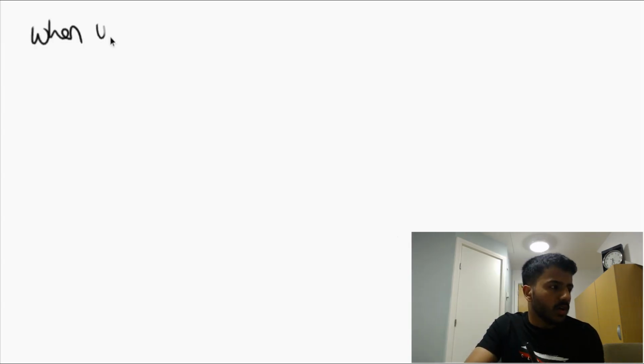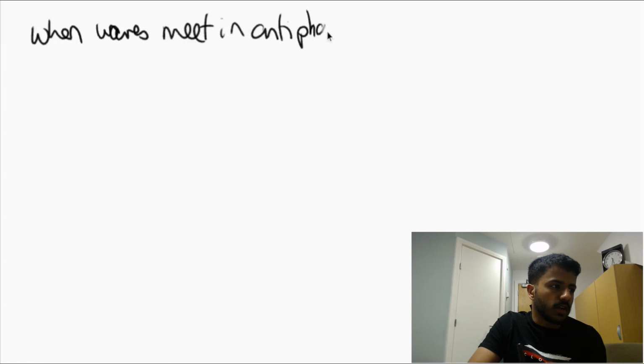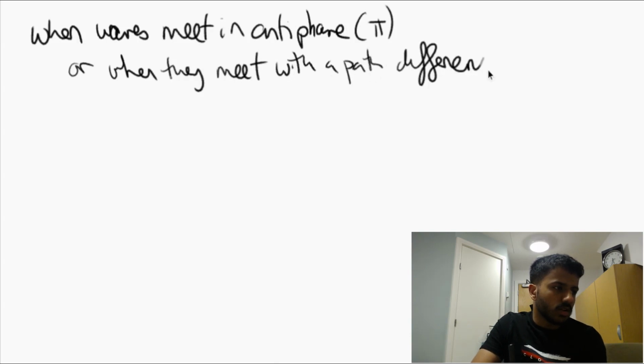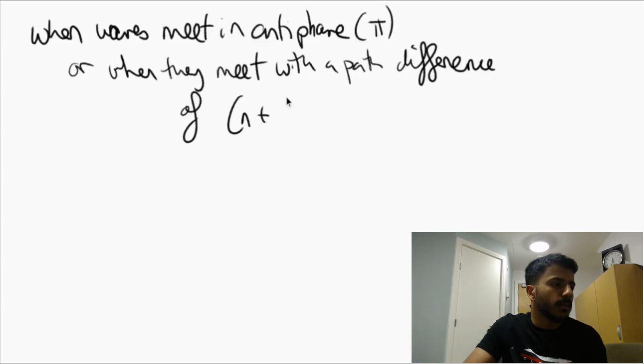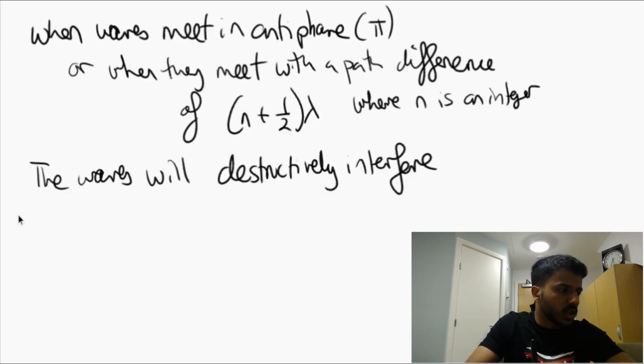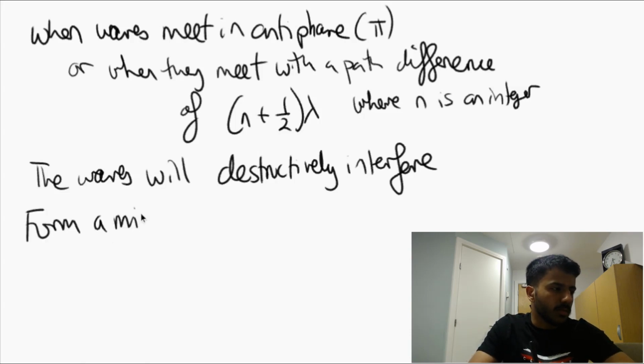Now, as you can guess, the opposite of constructive interference is going to be destructive interference. So when waves meet, this time in antiphase, and remember that means that they have a phase difference of pi radians, or when they meet with a path difference of n plus a half lambda, where n is an integer, the waves will destructively interfere, and they will form a minima.